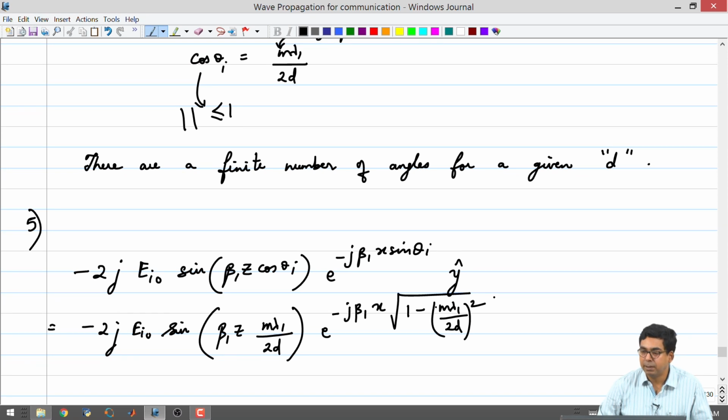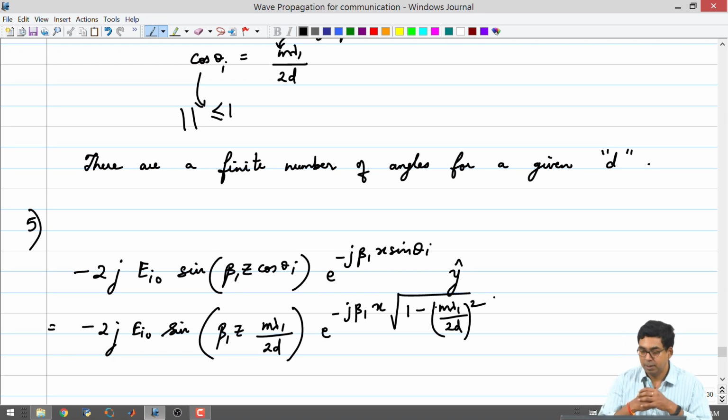So, I have just taken some constraint that I have with respect to cos theta I. There is an equality there, m lambda 1 by 2d, and the choice of m of course is guided by the fact that mod cos theta I has to be less than or equal to 1, but suppose I did make that choice, the total fields have to follow this particular relationship.